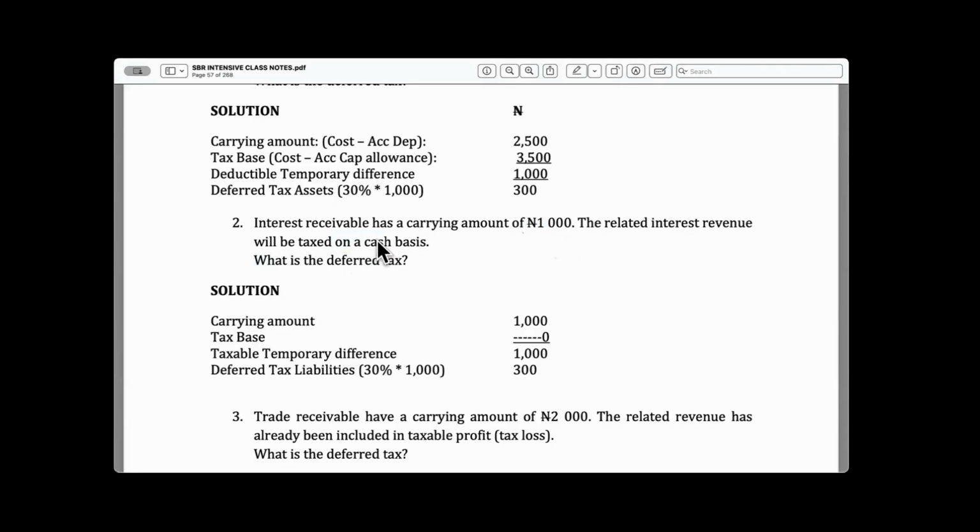So they are not taxing it now, but they will tax it later. So in my books, I'm having 1,000. The taxman is saying, no, I'm not going to tax this now, I'm going to tax it in the future. So they are going to tax that 1,000 in the future. So that's a taxable temporary difference because they will tax it in the future. I just need to apply 30% on that to get a deferred tax liability.